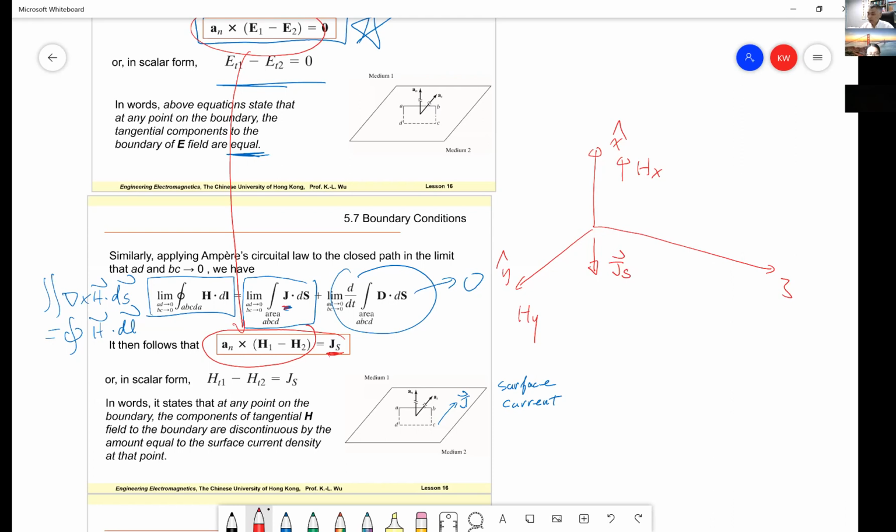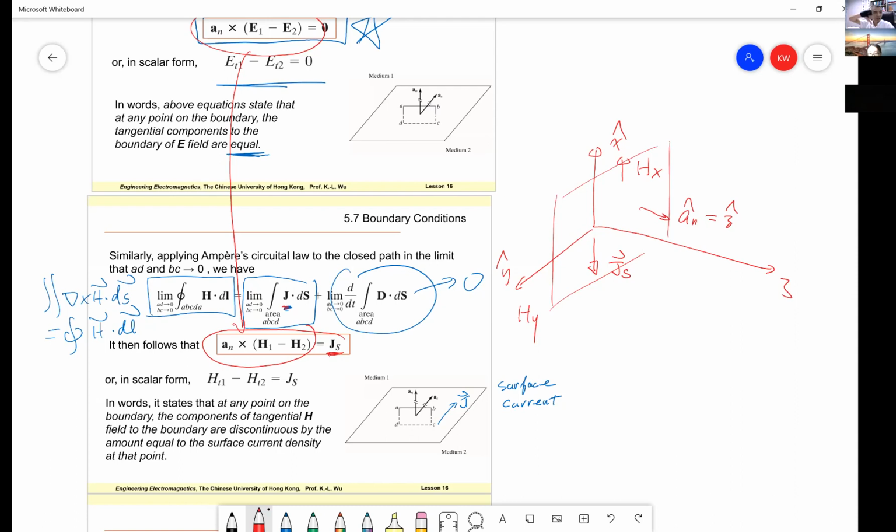So if we have this surface, the normal direction is in that direction. That direction cross the magnetic field in the Y direction, what does the current point to?